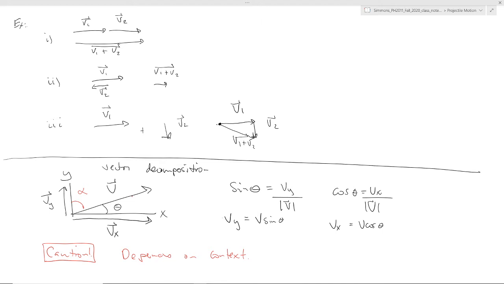And be careful when you're examining a problem if it's given to you in a way that's not what you're accustomed to.